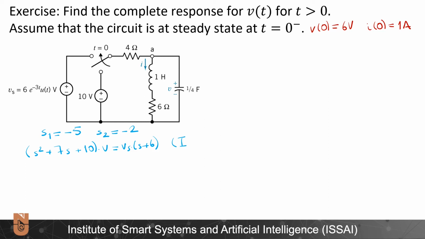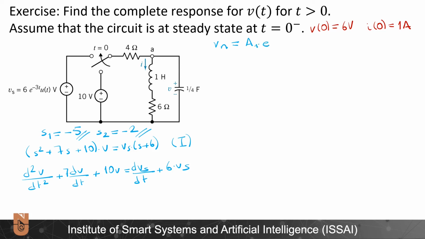Let me convert 1 to the differential form again. The second derivative of v over dt squared plus 7 dv/dt plus 10v will be equal to dVs/dt plus 6Vs. And using these two poles, I can write the natural response as a1 times e to the minus 5t plus a2 times e to the minus 2t.